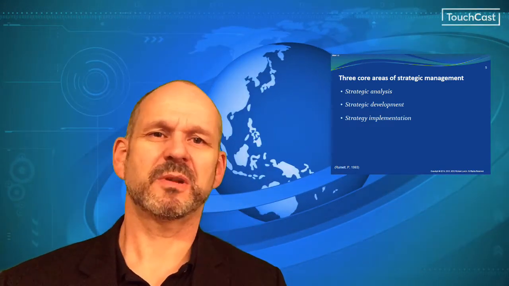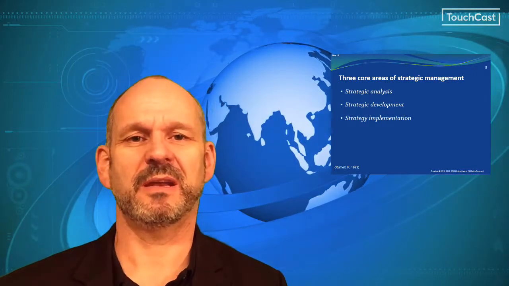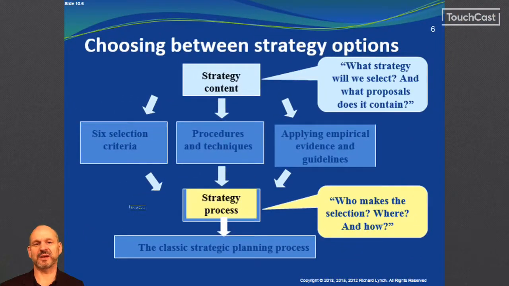However, it's also important here that we distinguish between the content and the process of strategy. Strategy content is the actual strategy that is selected to meet the objectives of the organisation, while strategy process is a process of communication and discussion amongst those who will contribute to the development and then the implementation of the strategy.